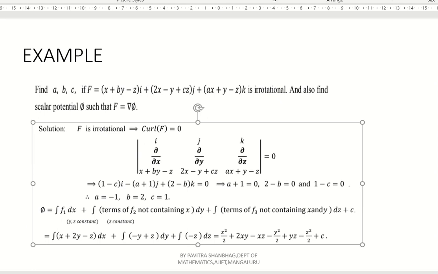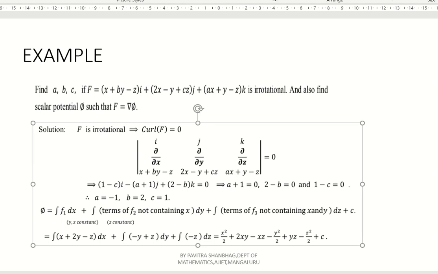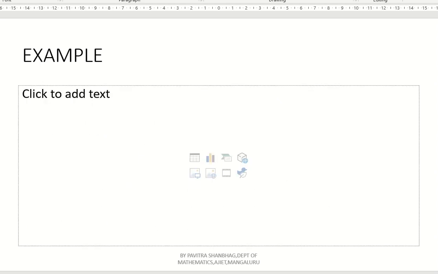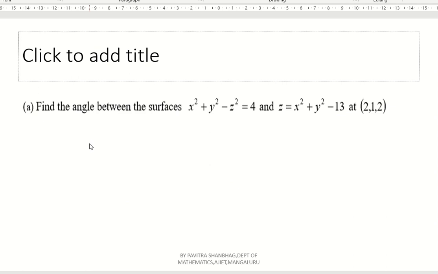Now similarly, you have to obtain the solution for this. We find the angle between the surfaces x square plus y square minus z square equal to 4 and z equal to x square plus y square minus 13 at 2, 1, 2 given. First you have to take it as phi 1 or small f, so that you find the vector, that is del f.